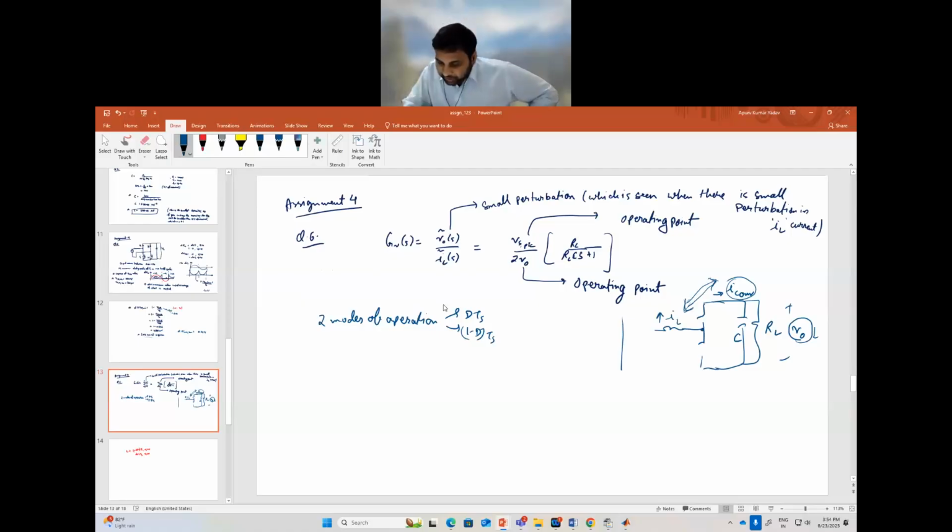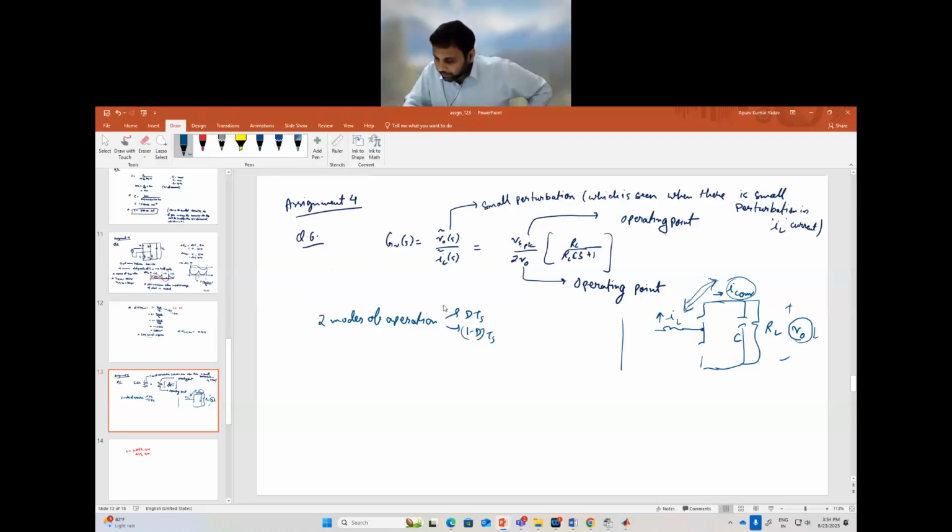So that is the reason why this is the operating point we are talking about. This is not the small signal value; this is the operating point at the nominal value. Suppose I have given 400 volt, then that 400 volt will come over here. However, for V naught, we wanted to see whenever a small perturbation is given to this IL, how the V naught will respond to that change.